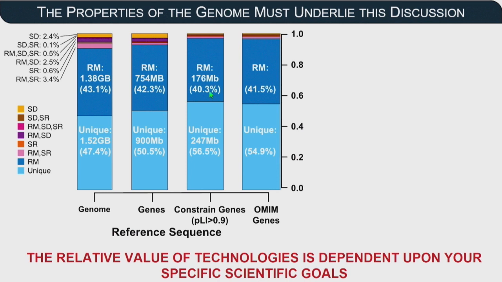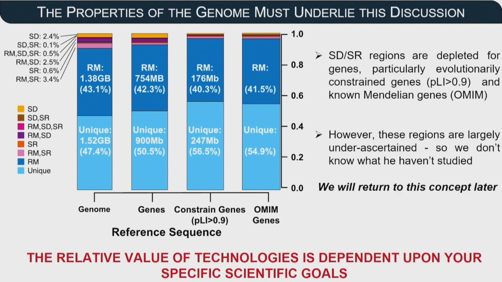Somewhere around 96% of all constrained genes, genes that we know to be intolerant to mutation and that underlie most of Mendelian discovery, are sitting in these unique and repeat masked regions, as well as almost all OMIM genes. So somewhere around 95% of this unique sequence harbors most of the genes that we're going to interpret in any meaningful clinical way.